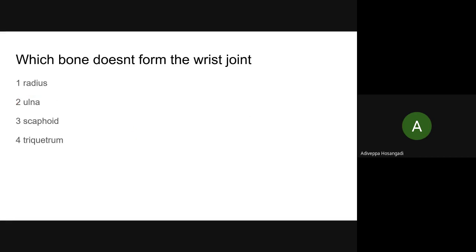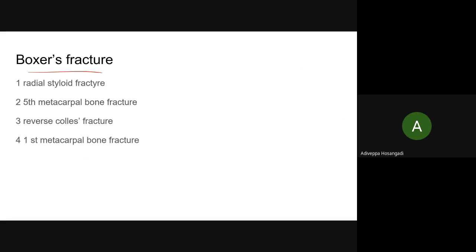Next, boxer's fracture. Fifth metacarpal bone, very good. One interesting thing I will tell you, because sometimes the questions are very tricky: the most common fracture in a boxer is the first metacarpal bone.